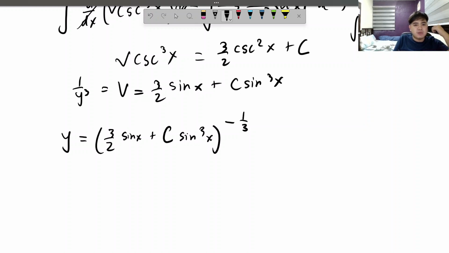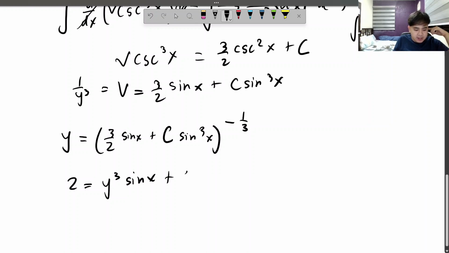You can multiply both sides by 2 and y cubed, the denominator here, so it's only a single line, like this: 2 equals y cubed sine x plus c y cubed sine cubed x. If you're looking for a function, this is the way to go. But if you're looking for a clean equation, this is also a way to go.